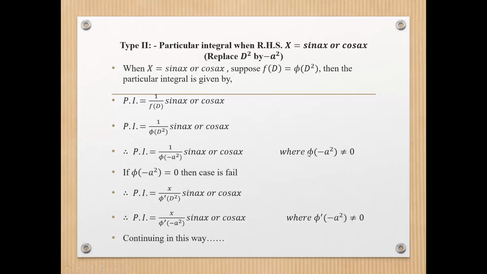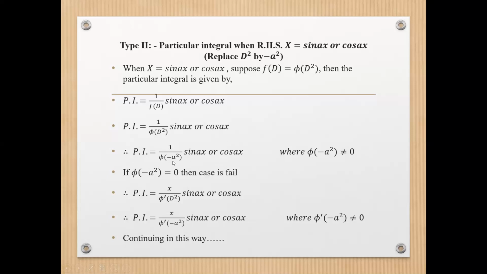Here one condition is important: the denominator must not be equal to 0. Phi of minus a square is not equal to 0. If the denominator, after putting D square as minus a square, is not 0, then the answer we obtain is our required particular integral.